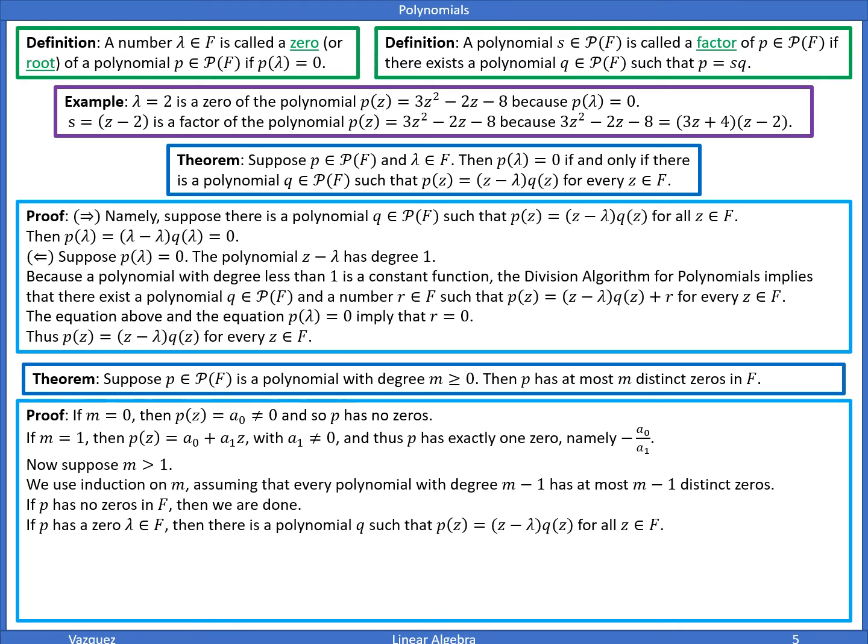So now, if p has a zero at lambda, then there's a polynomial q, just as the theorem above states, such that this equality holds. Well, the degree of q is m minus 1, right? Because p has degree m.